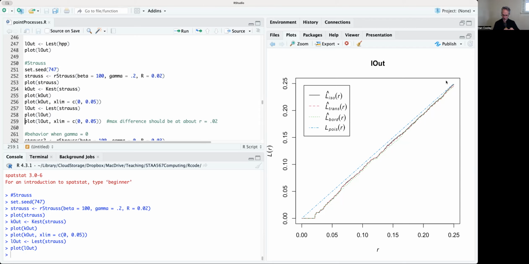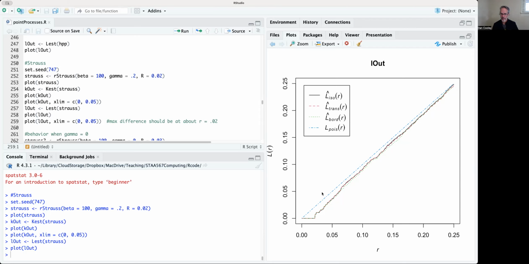As we look over a larger and larger radius, that average is going to approach that empirical average of number of points divided by area. And so as the radius gets larger, we're necessarily going to see the L function approximate the 45-degree line, regardless of the process.